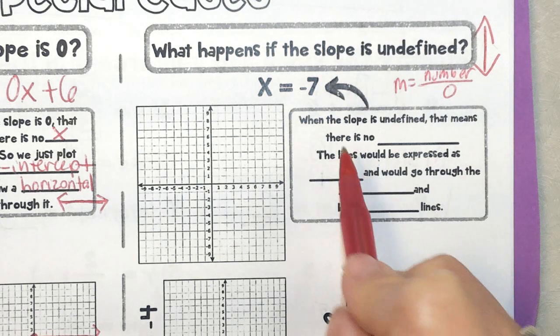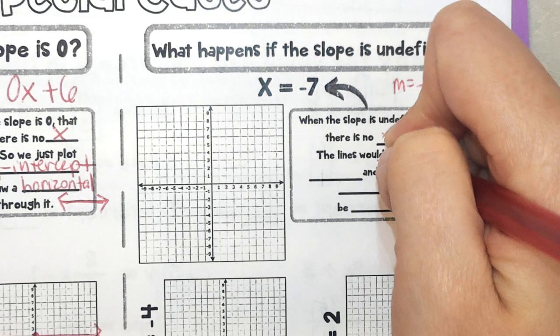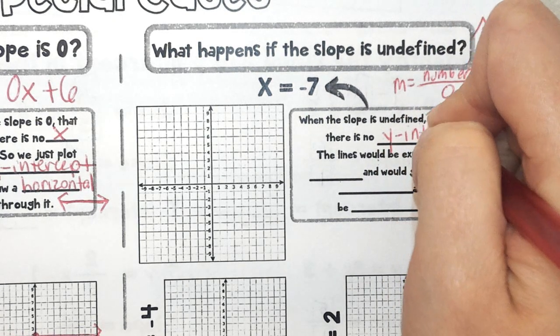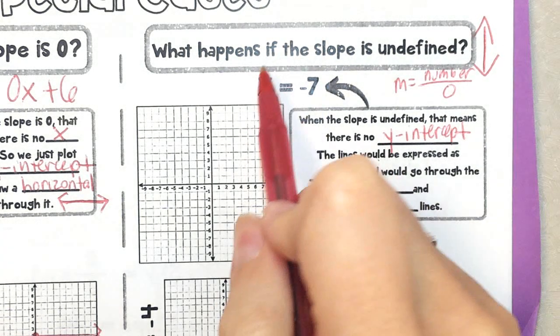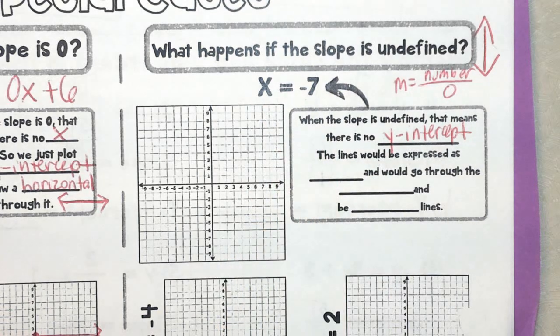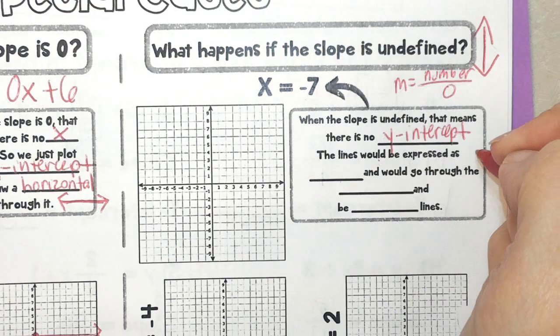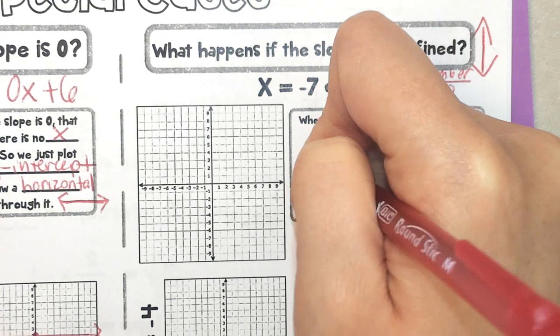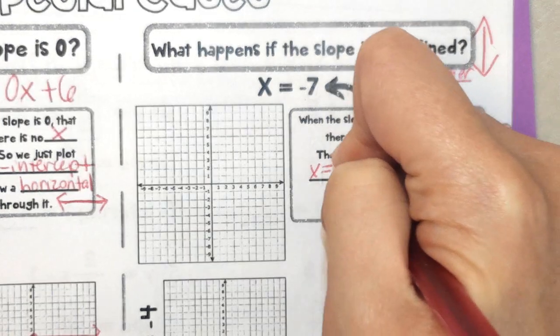All right? So when the slope is undefined, that means there is no y-intercept. So this is the only time we do not start on our y-axis. If it's x equals something, that's the only time we will not start on our y-axis. The line would be expressed as x equals, and then I'm going to put this, you're going to think it's a hashtag.